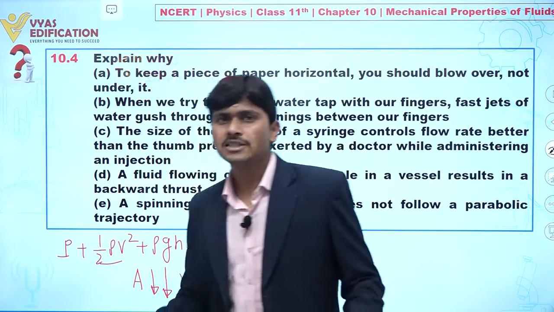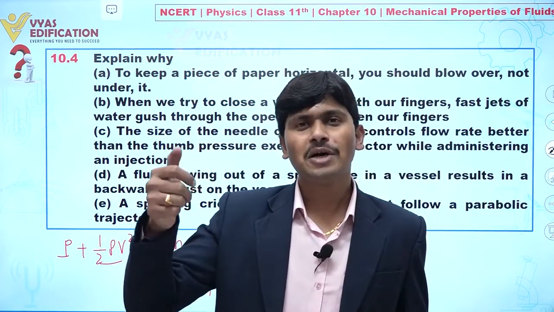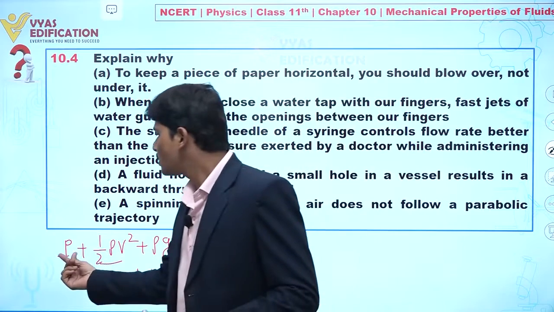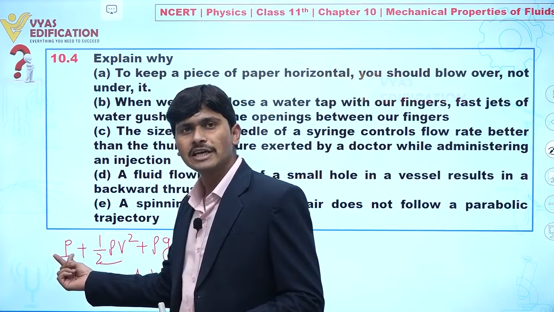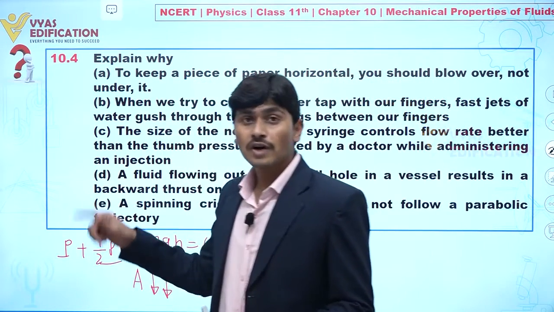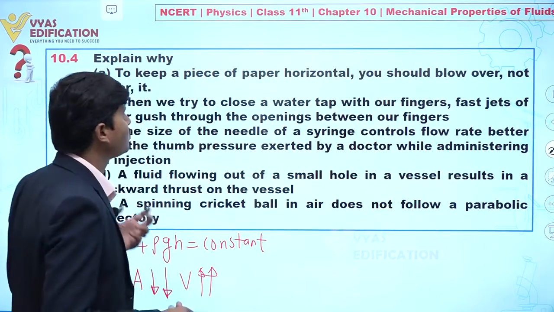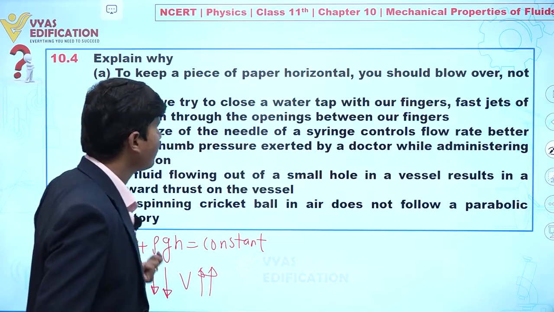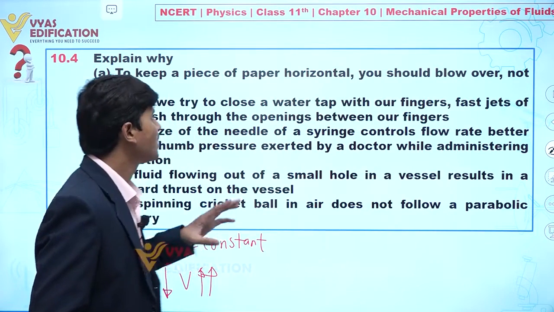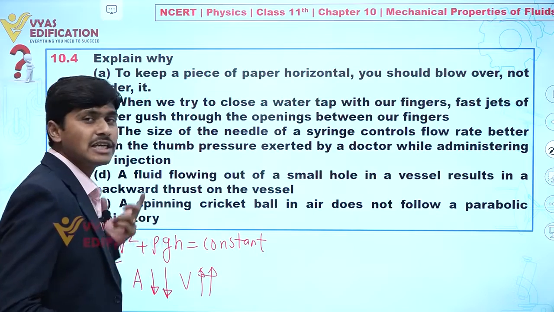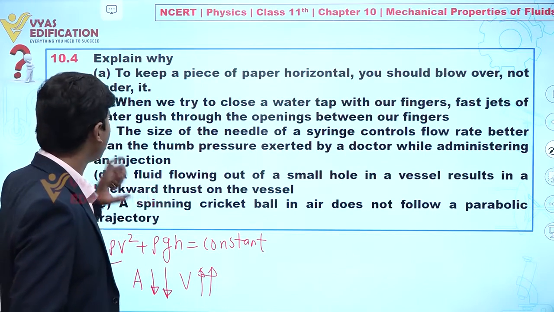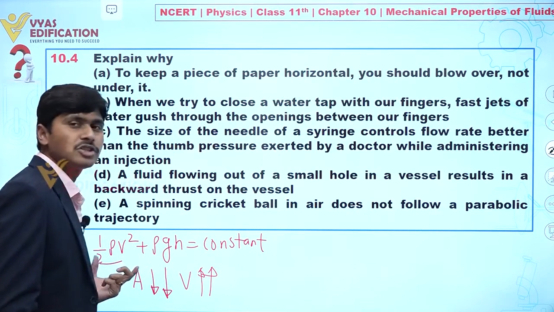But if the doctor is utilizing pressure by using the thumb, then only the first power of pressure is contributing in energy, but here the square of velocity is contributing in energy. It means if we are using a needle, the area is very less, that's why flow rate is better controlled in this situation, clear?